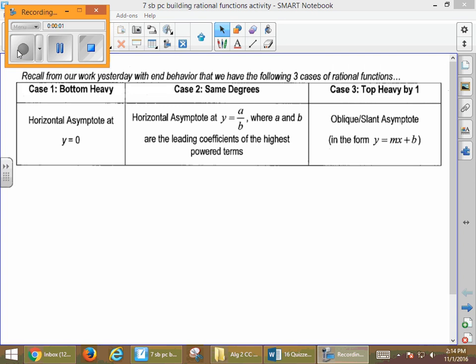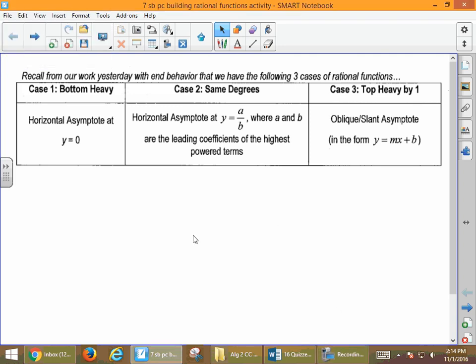So today we're going to be given information about a rational function, and we want to come up with the equation of the rational function. Before we get into the notes, these aren't on your particular notes today, but you've seen this chart before. I just want to remind you that if a function is bottom heavy, then we have a horizontal asymptote at y equals 0.